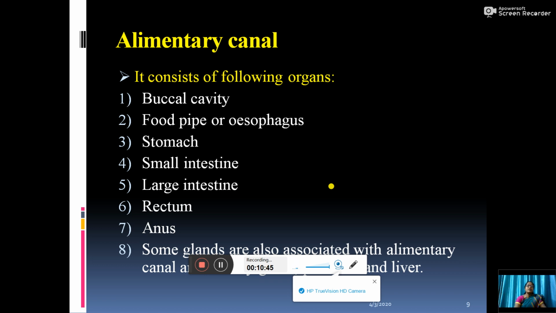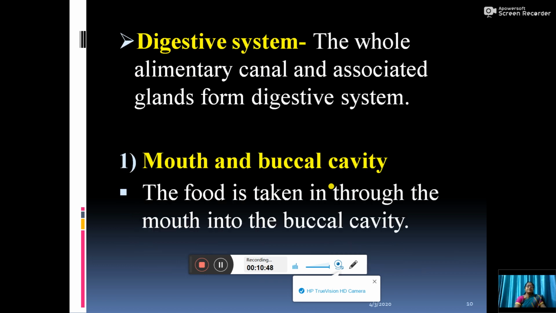First is your buccal cavity. Before that, you just studied the word digestion. After that, what is the meaning of digestive system? The whole alimentary canal and associated glands form the digestive system.